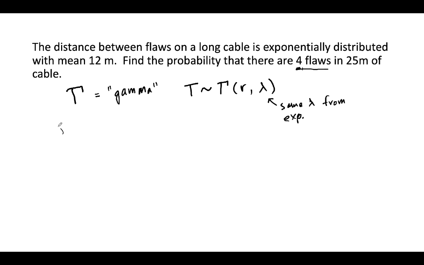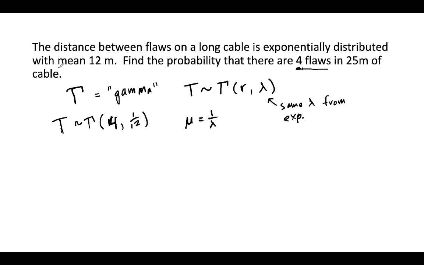So let's fill out T for this specific problem. T is gamma, r is 4, and lambda is 1/12. If you've forgotten, this comes from a little side fact that the mean equals 1/lambda, and this is the mean here.